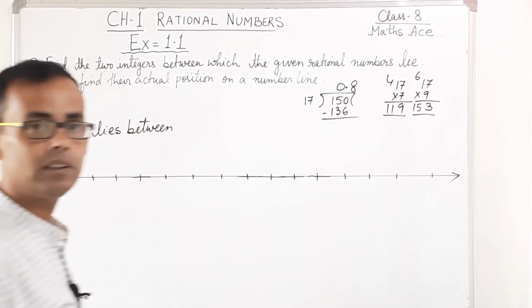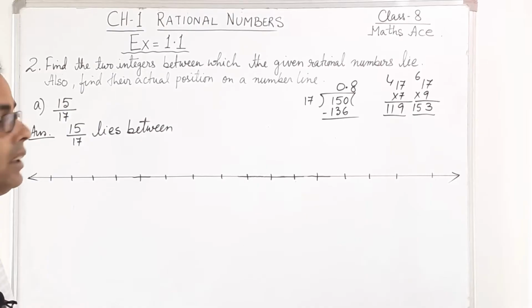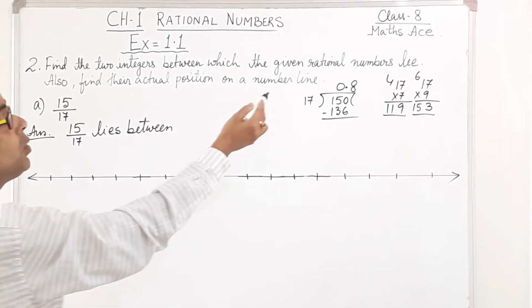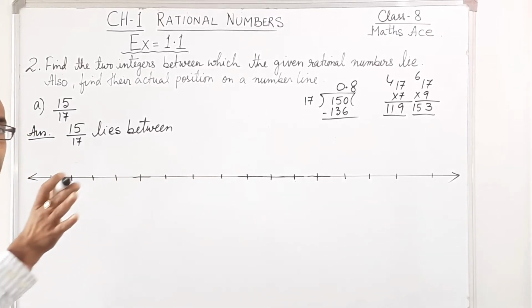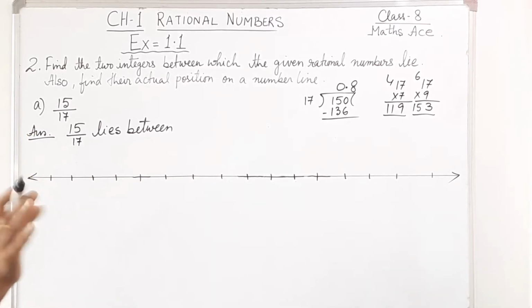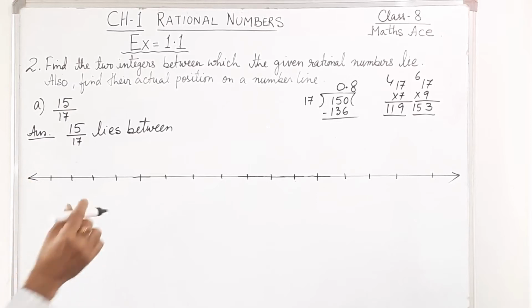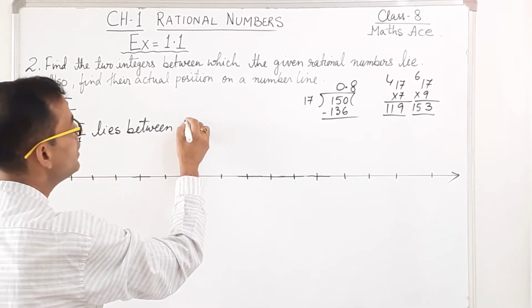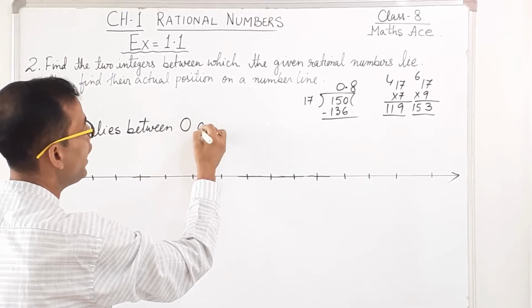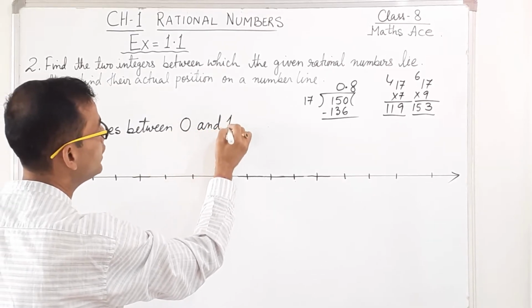So you are getting it clear now, with 8. So 0.8. Now you imagine that 0.8 is lying between which two integers? 0.8 is less than 1 but more than 0. So what will you write? 15 by 17 lies between 0 and 1.